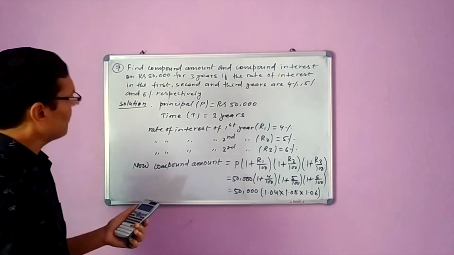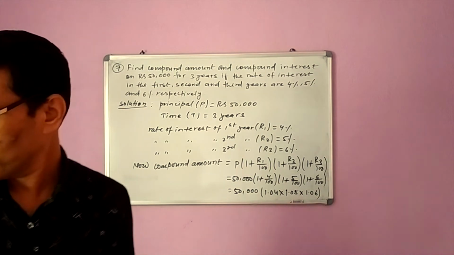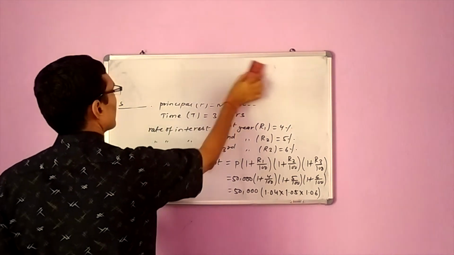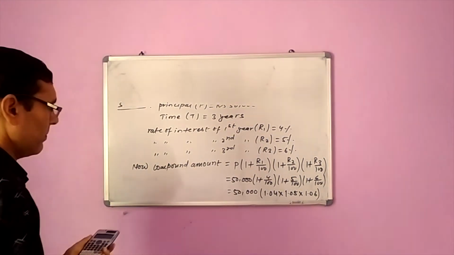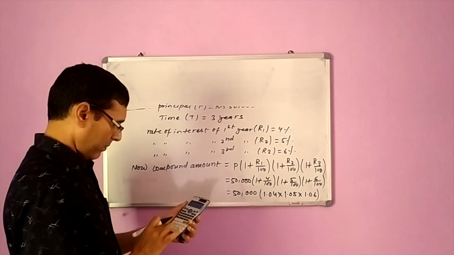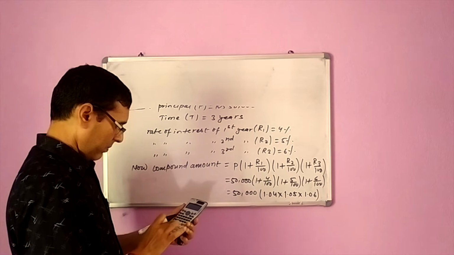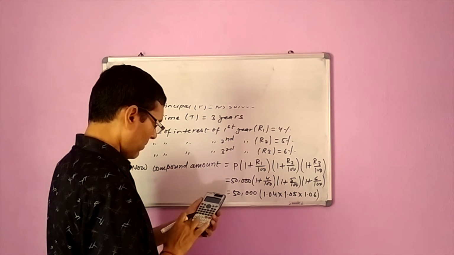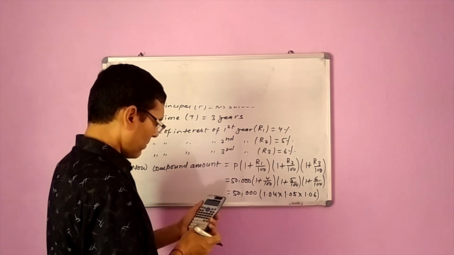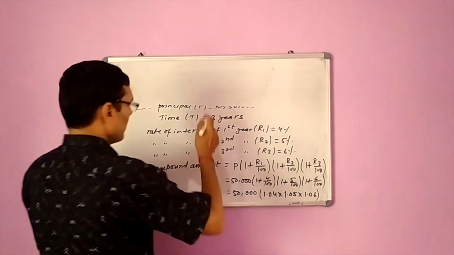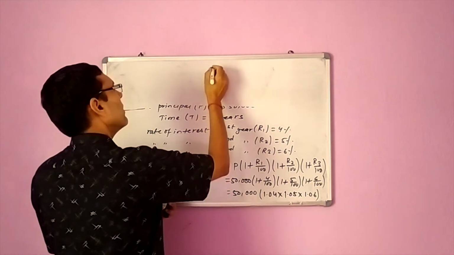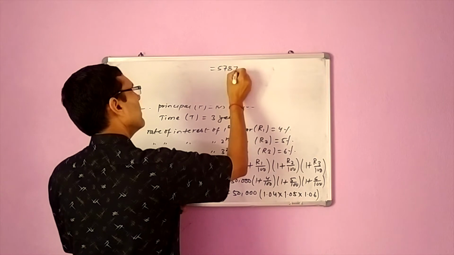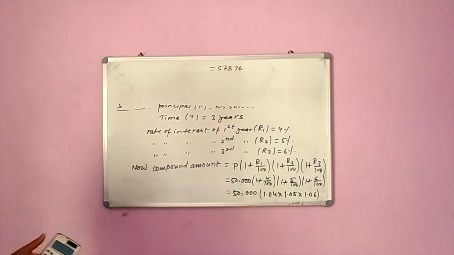If you multiply these all, we get 57,876. This is the compound amount.